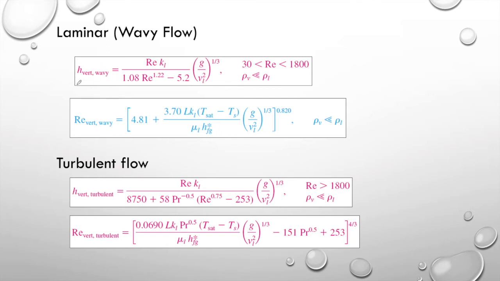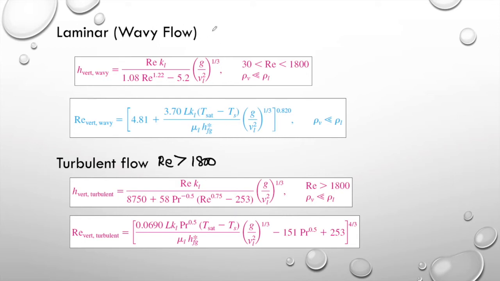So the last equation is turbulent flow, the same as laminar. You have to find the Reynolds number, and then the h. After you determine the Reynolds number vertical turbulent, you have to substitute into this equation to find the h vertical turbulent. For turbulent flow, we know that the Reynolds number must be greater than 1800.